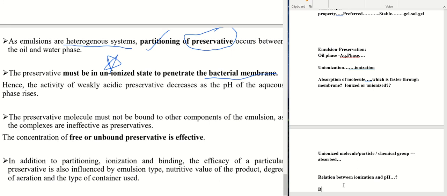For example, say this drug is a weakly acidic drug.